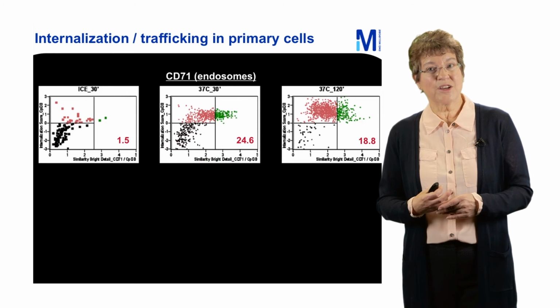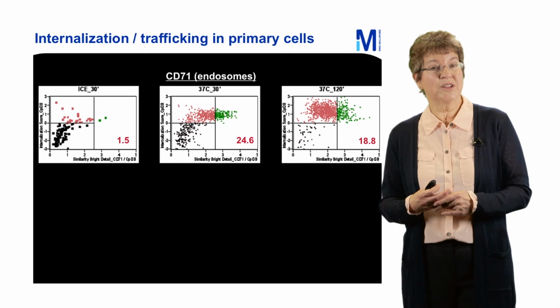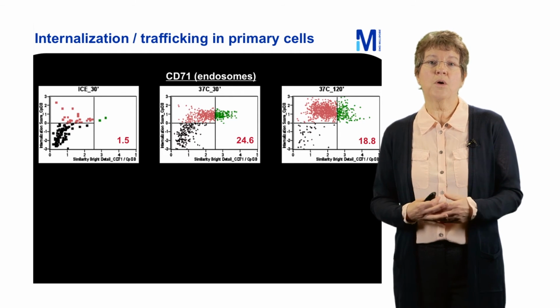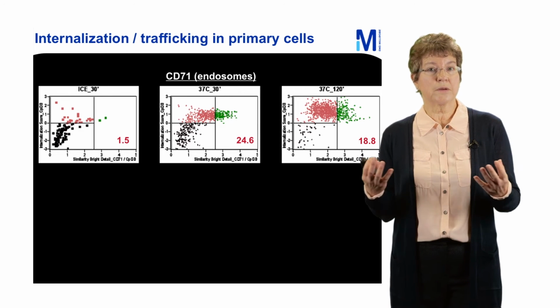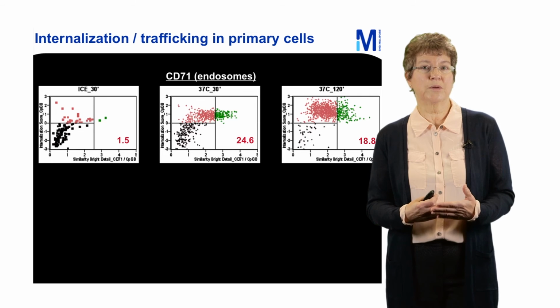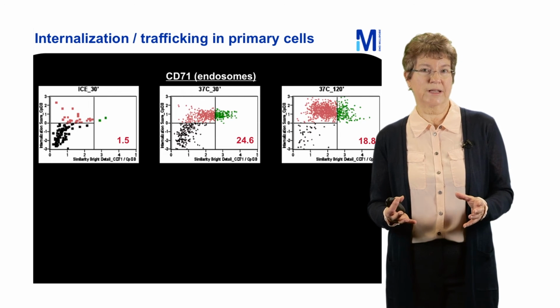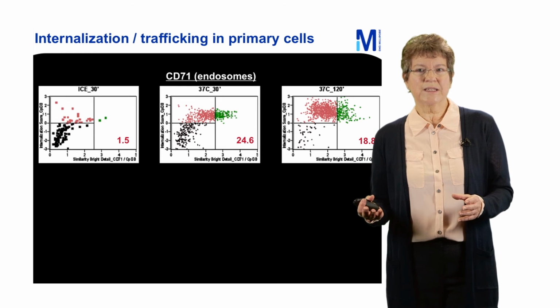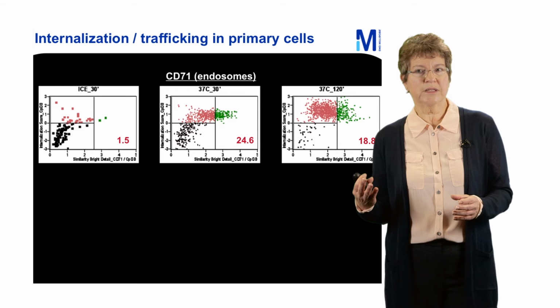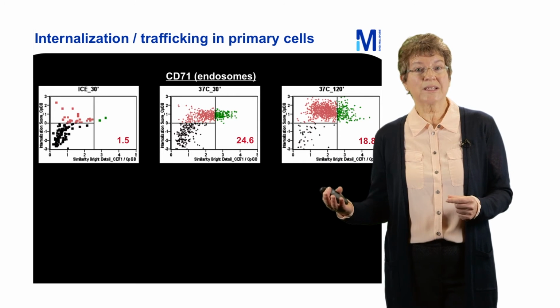They did this also as staining with CD71, looking at the endosomes, and here's the time course. So as a control, incubated on ice so that the CpG molecule was minimally binding to the plasmacytoid dendritic cells, you can see there are fewer cells in that plot. At 30 minutes, about 24% are colocalized into the endosomes, and at 120 minutes, about 20%.